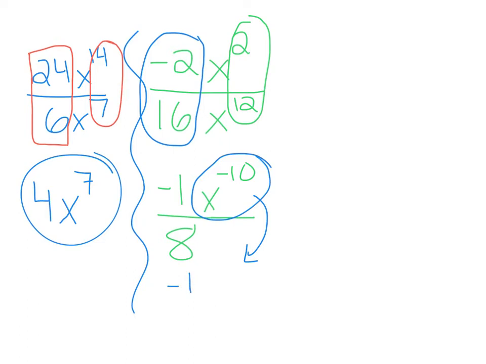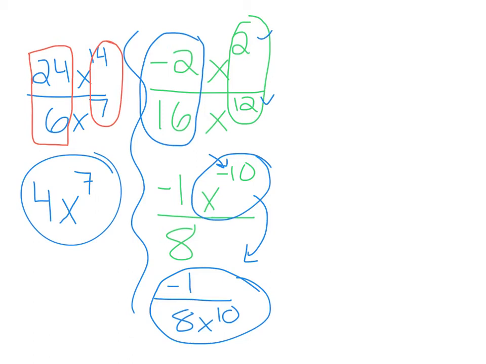So it becomes negative 1 over 8x to the power of 10. For me personally, instead of doing that step of writing down negative 10, I just think, what is the difference between 2 and 12? And I know it's 10, and because there's more in the denominator, I know my answer will be left over in the denominator.